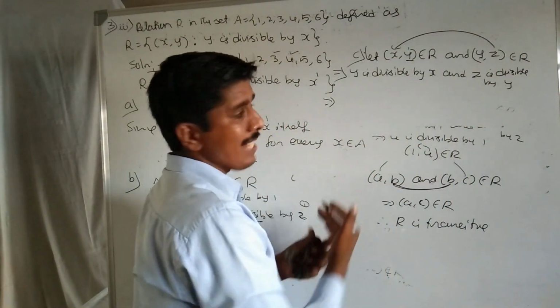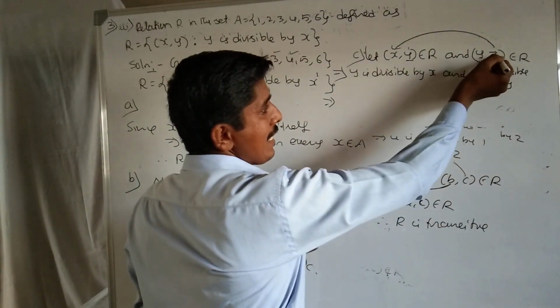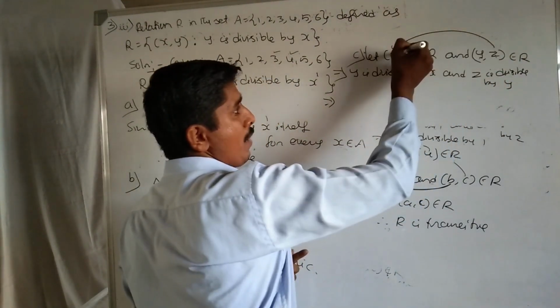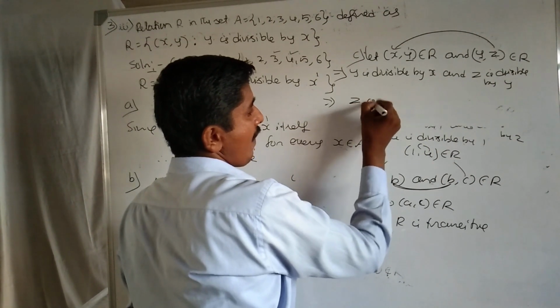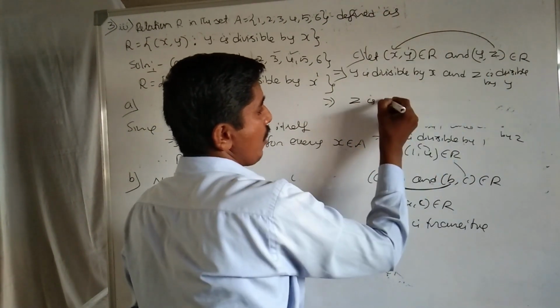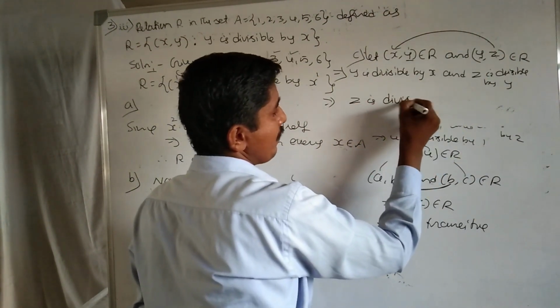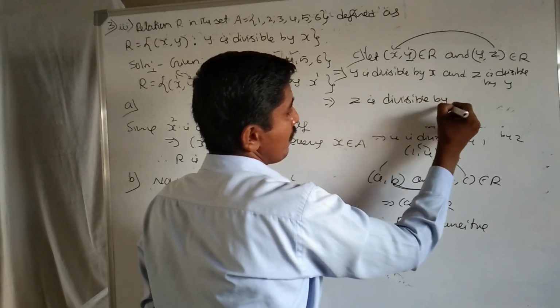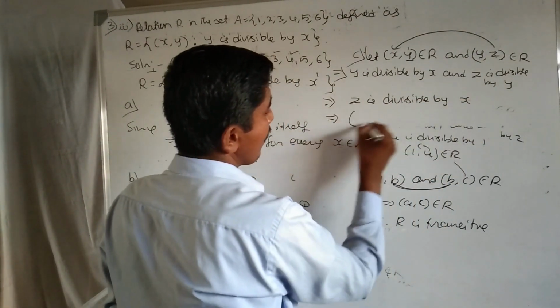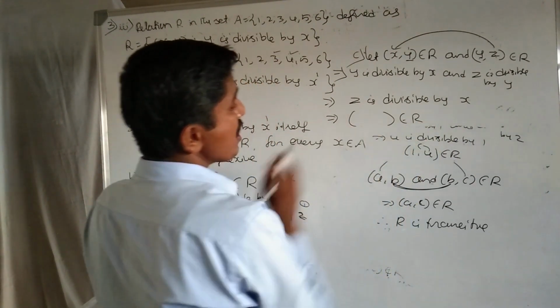Take any example; clearly, here Z is divisible by X, obviously. Therefore, X comma Z belongs to the relation. Here, which is the first element, which is the second element?